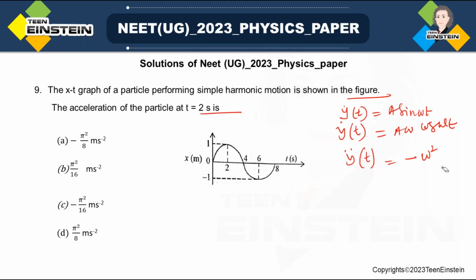Finally, it will be minus omega square x. So what is the acceleration at 2 seconds? I have to put in the values one by one. First, what is omega? Omega is the angular frequency. Here it is not given directly; it is given in another way.